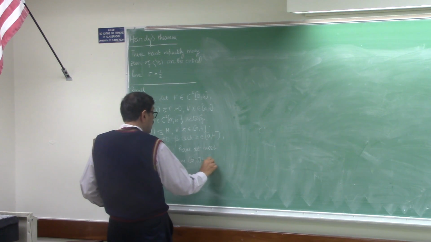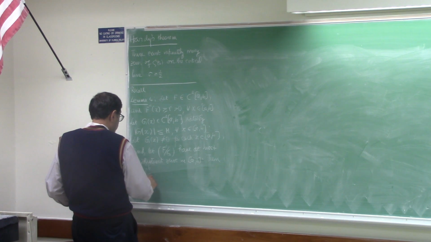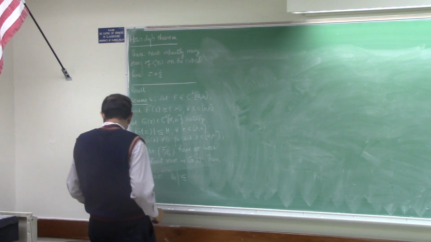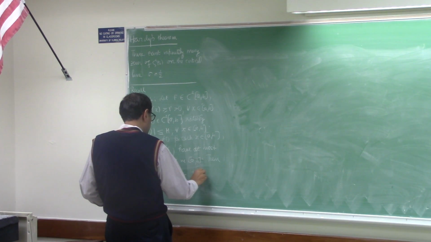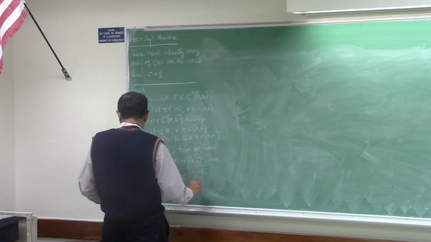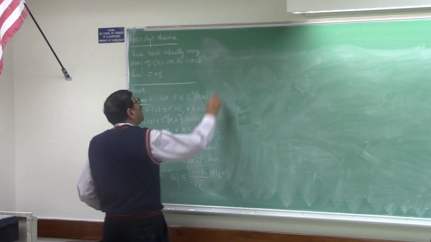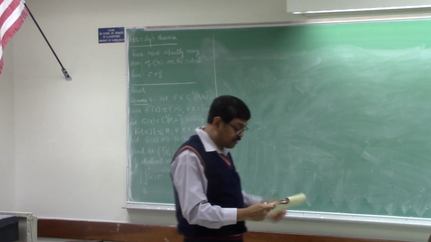And the claim is the integral from a to b of g(x) e^(i f(x)) dx is less than or equal to some constant, which I calculated to be this, times the square root of r, M, and q plus 1. So that's what we have.